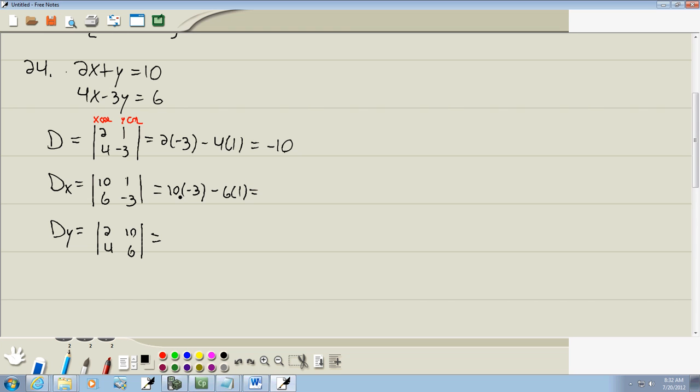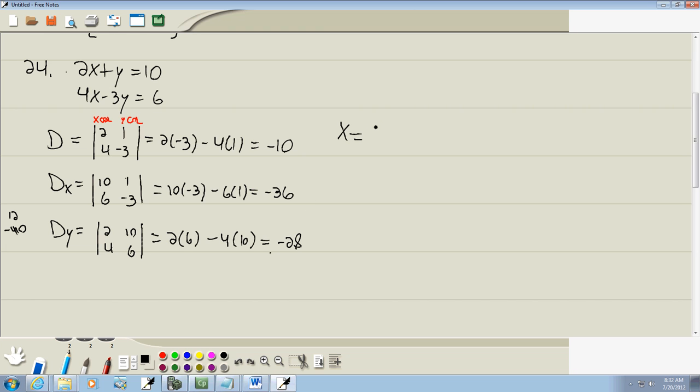That gives us 10 times negative 3 is negative 30, and minus 6 gives us negative 36. And here I've got 2 times 6 minus 4 times 10. So that gives us 12 minus 40. That's negative 28. I actually can do basic math.